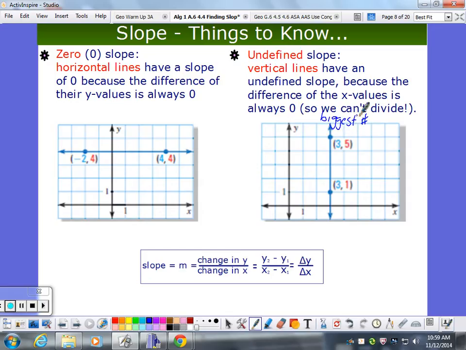What's the biggest number in the real number system? Is there a biggest number? I can always get one bigger. So I cannot even assign a number to it.